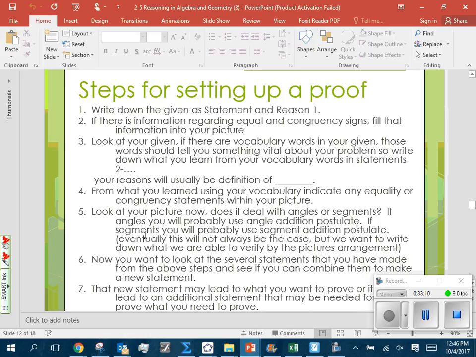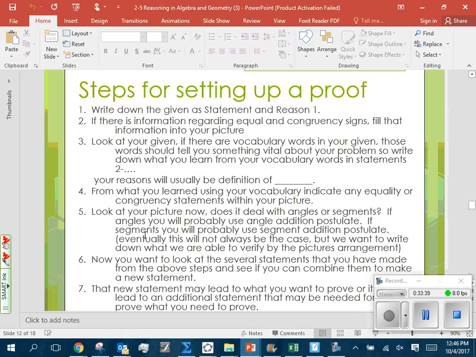And it's going to be really hard for us to make connections through all the verbiage that we have written in our statements. It'll be a lot easier to look at our picture and make connections from our picture. But you can only do that if you start amending and fixing and correcting your picture as you go through the proof. Okay? So once you learn something about congruency at any point in a proof, you go to your picture and highlight that. Okay? Fill it into the picture.